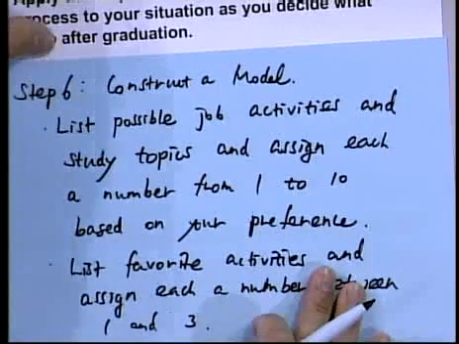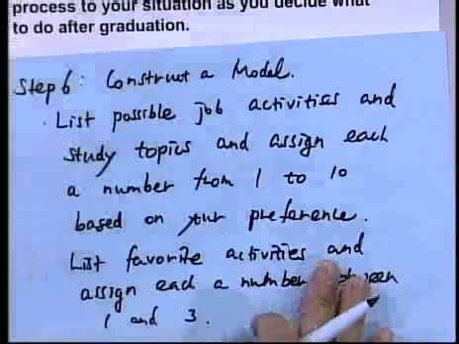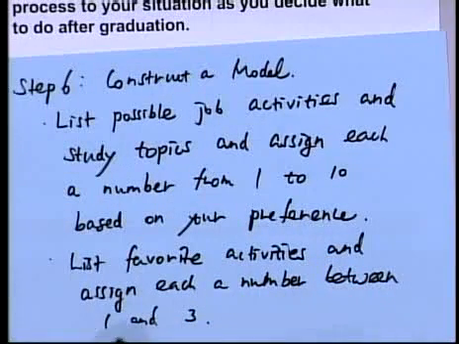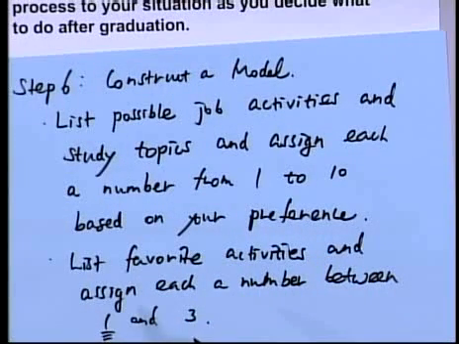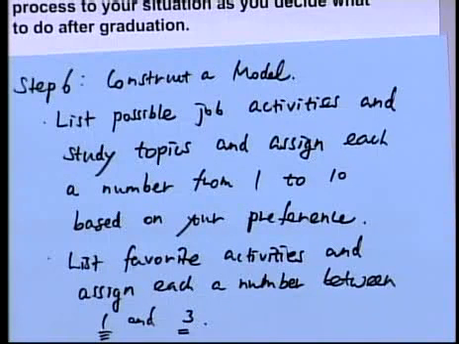Okay? So for example, assign the number 1 for below acceptable range, 2 for within acceptable range, and 3 for above acceptable ranges. Okay?